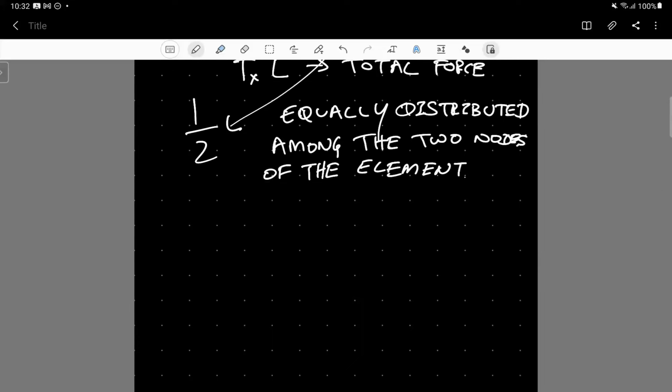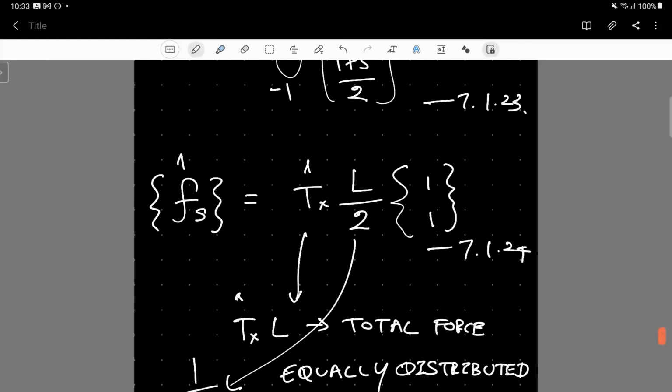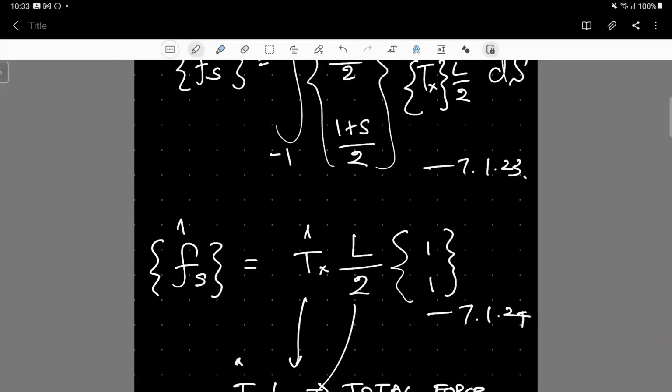of the element. It is interesting also to note that, in order to evaluate this integral, we assume that the traction forces along the length of the element are constant. But if the Tx, or the traction force, is a function of x, or in these terms, a function of s, then the corresponding force allocated for each node will not be equal.